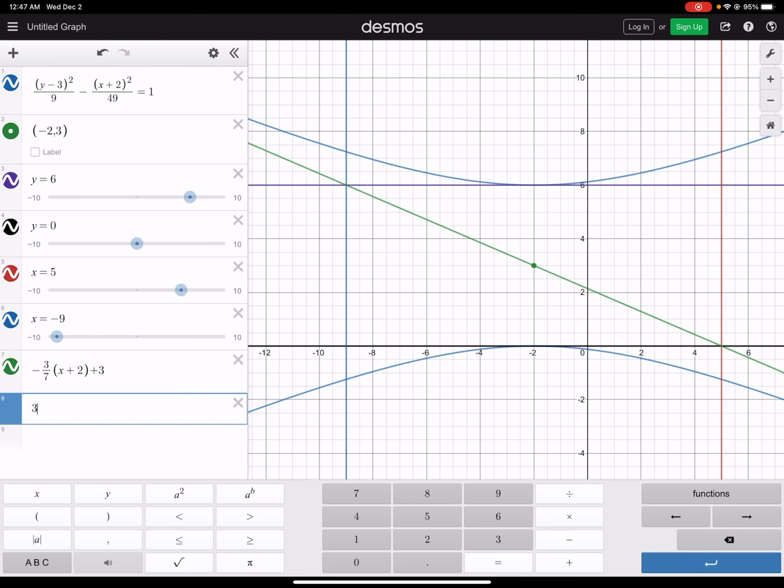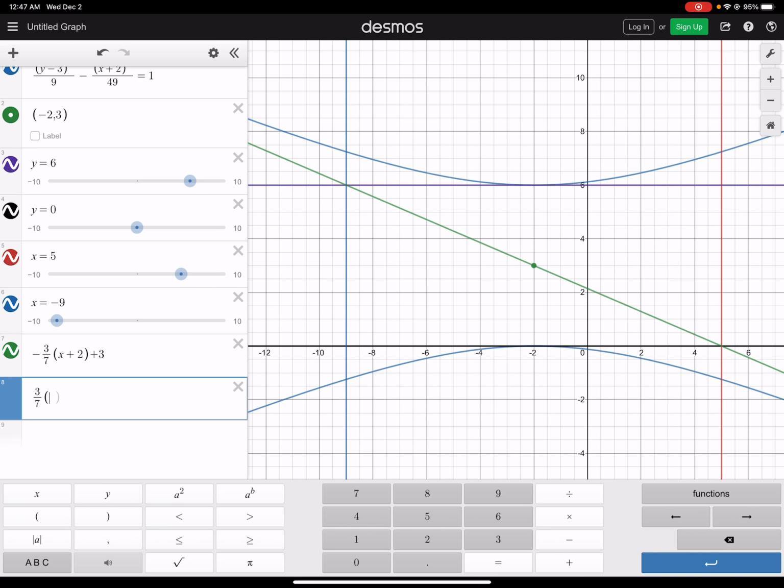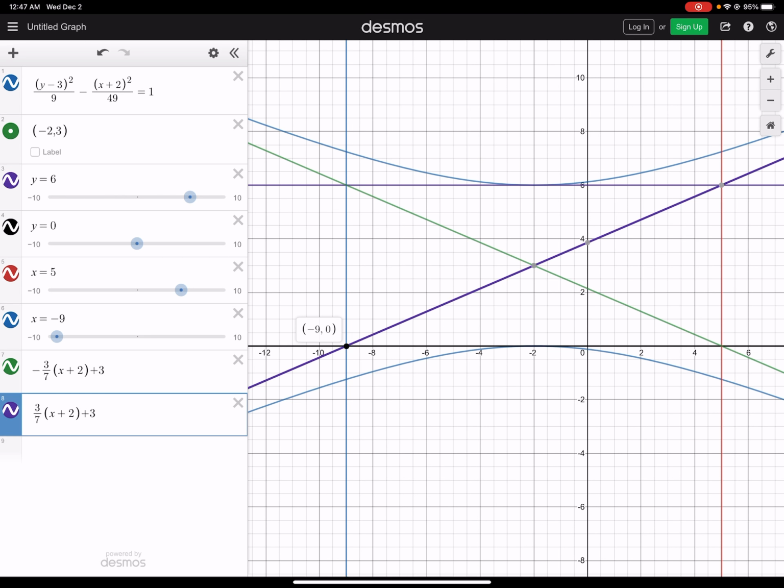So now I've got 3 divided by 7, parentheses, x plus 2, plus 3. And that hits the lower left corner, the upper right corner, and it goes through that spot right in the center. And so those are those lines right there.